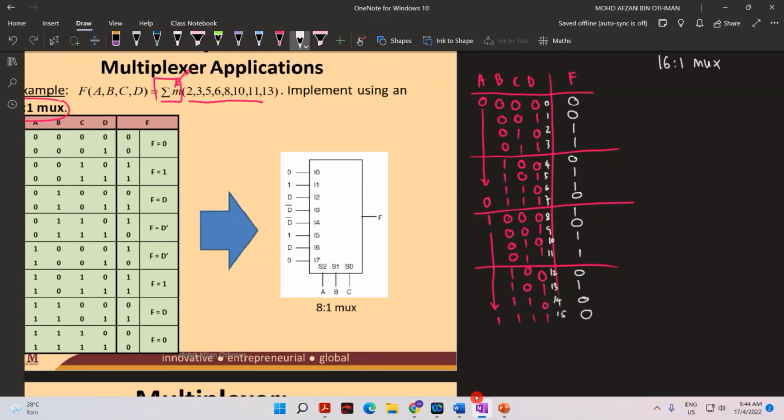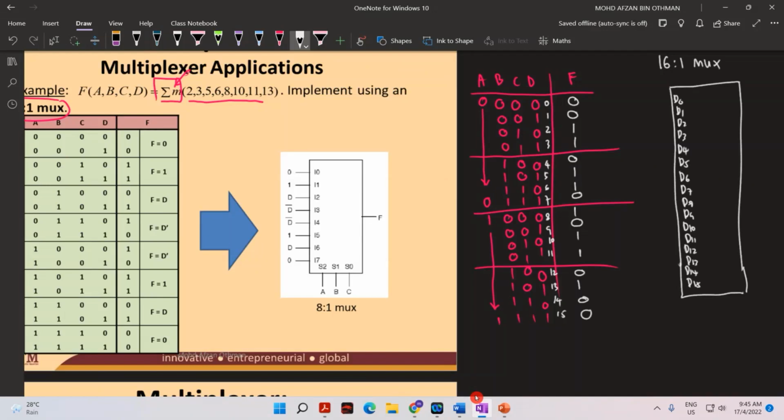Saya draw ya, dia punya circuit untuk 16 to 1 mux: D0, D1, D2 until D15.